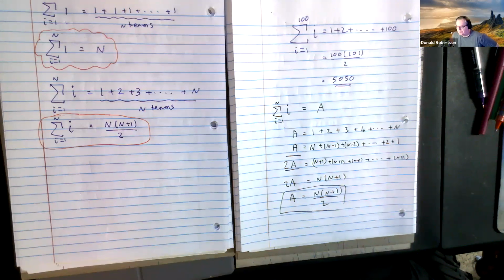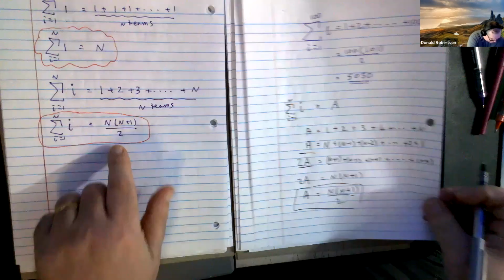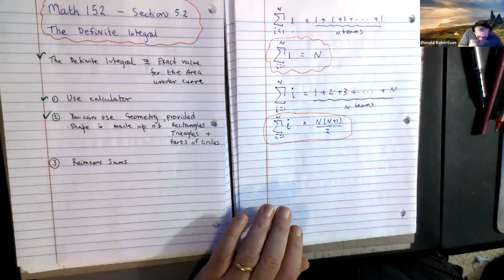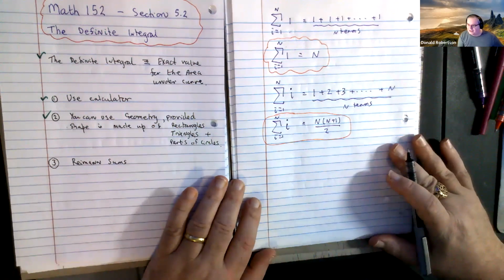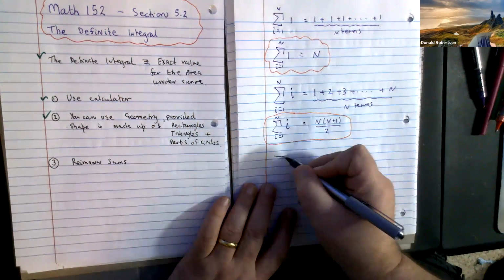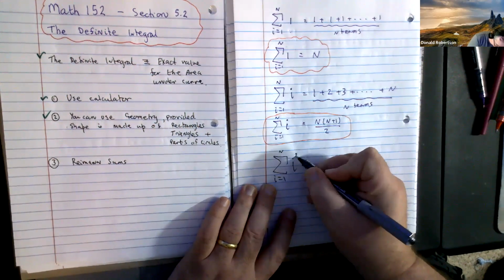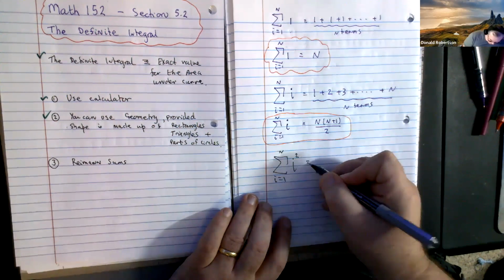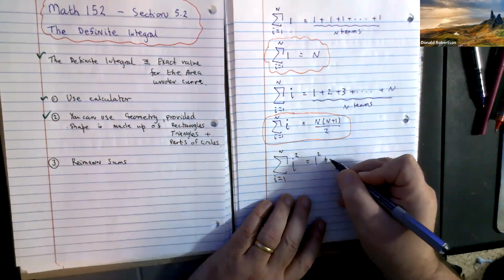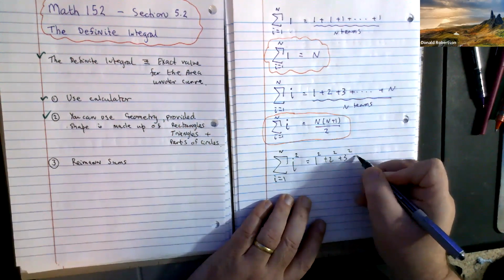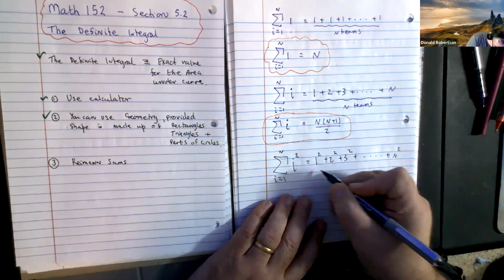And that was done by somebody who I believe was 12, 13 years old. Okay, he's an exceptional, one of those very gifted people, but kind of clever that he figured that out. So that's this one. Now, I'm not going to prove the next one to you. And can you just trust me? I'm a mathematician on the next one, but it is provable. The sum from i equals 1 to n of i squared. So that's basically 1 squared plus 2 squared plus 3 squared up to n squared.